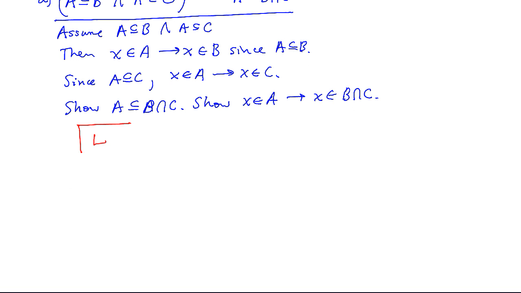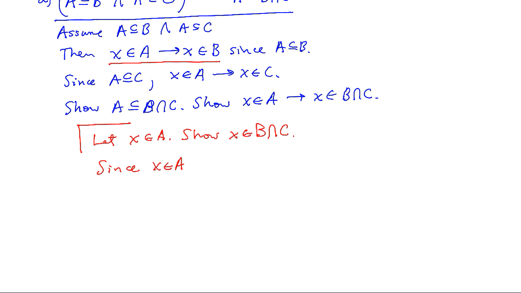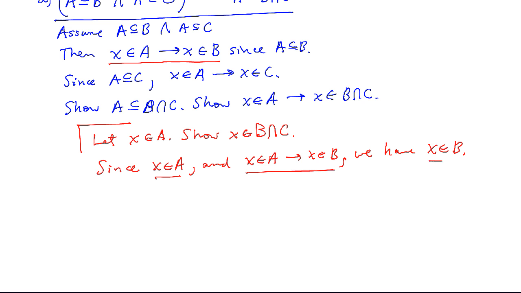We're going to let x be an element of A, and we want to show that x is an element of B intersect C. To show that, we must show that x is in both B and in C. Since x is in A, and x being in A implies that x is in B, we have x is in B.